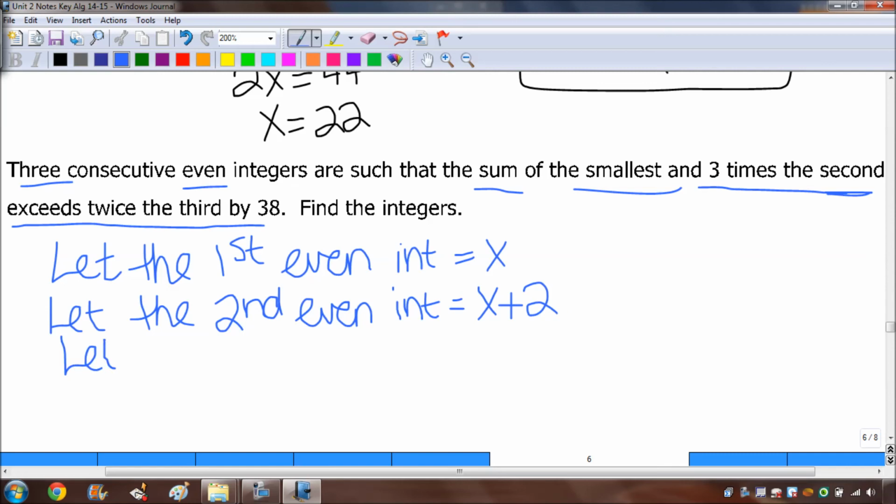Okay, and then let the third even integer, I'm just putting hashtags just so I don't have to write it over again. That's totally fine if you do that as well, equal x plus 4.